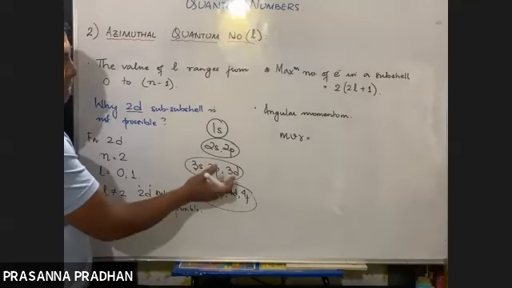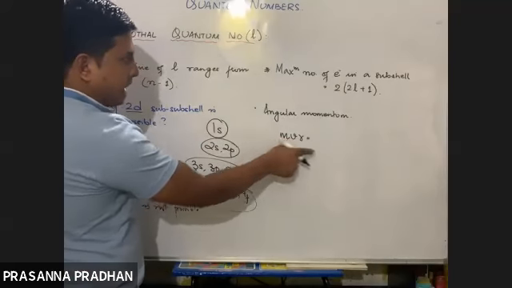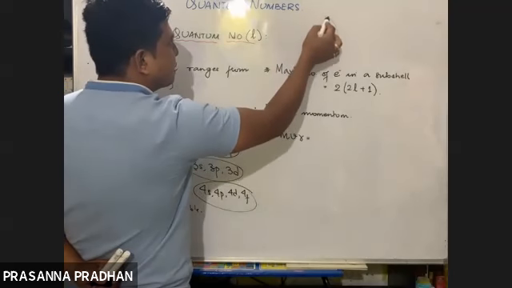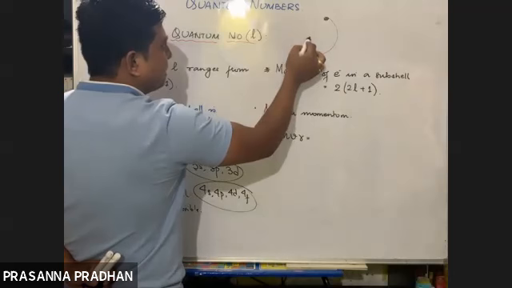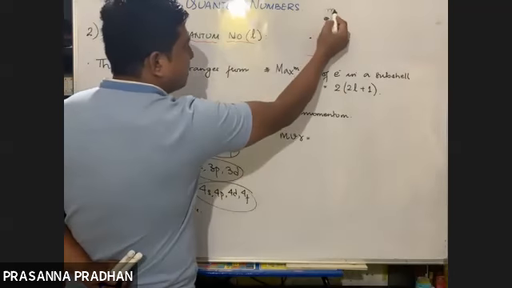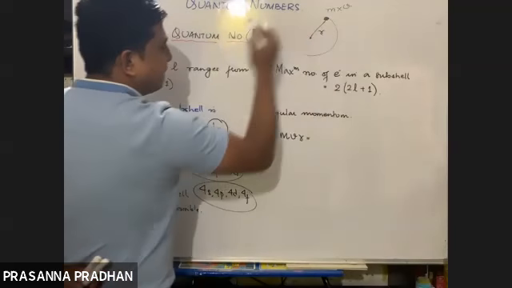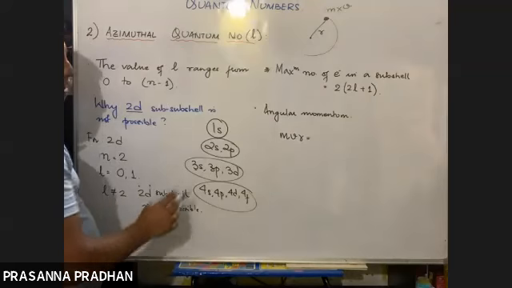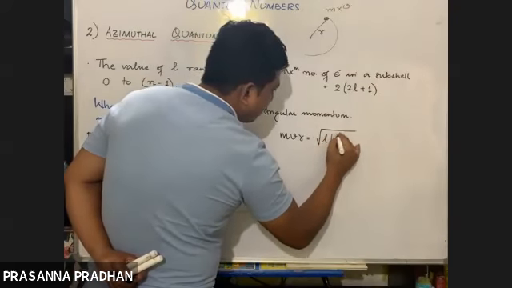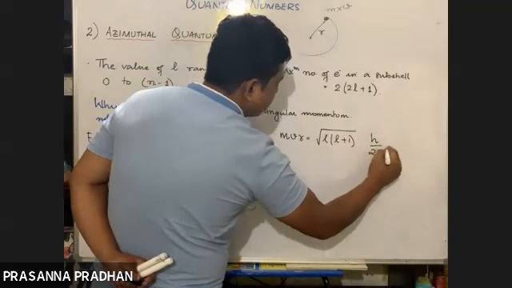So angular momentum means the product of mass and velocity. When an electron or an object is revolving around a circular orbit, this is the center. Angular momentum is given by the mass of the particle, the velocity of the particle, multiplied by the radius, mvr. Angular momentum is equal to root over L into L plus 1 times h by 2 pi.